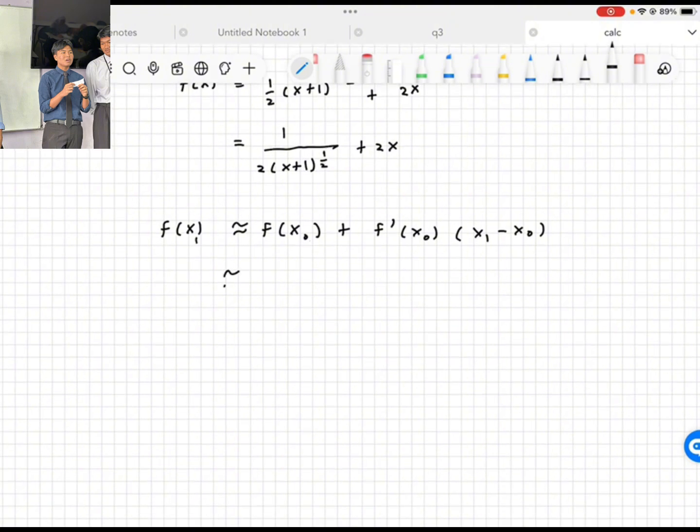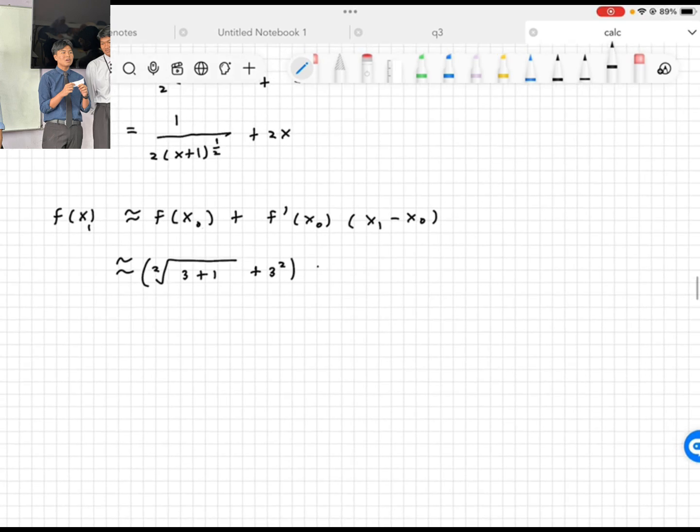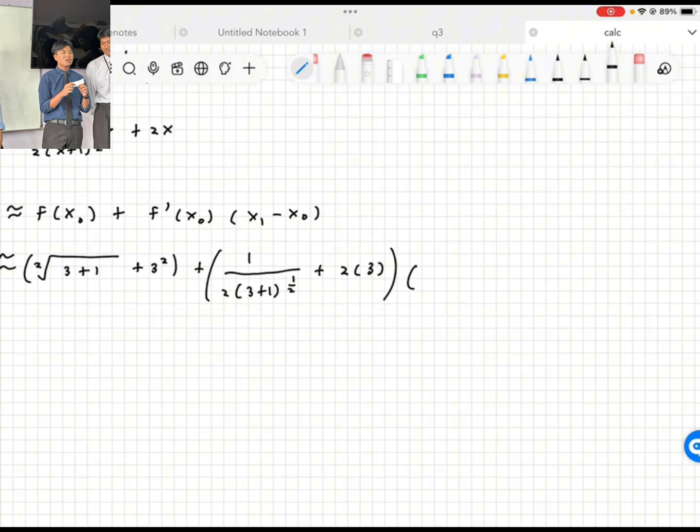And then we use our first equation f(x), but we need to change our x into 3, and then we write f prime using our equation that we have done, but the x we change to 3 also. After that, we need x minus x0, 2.99 minus 3.